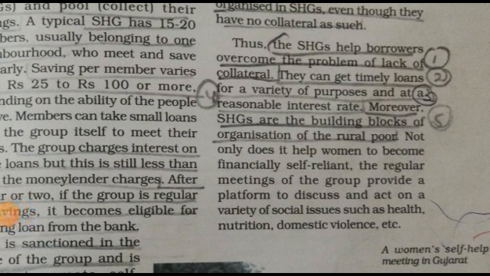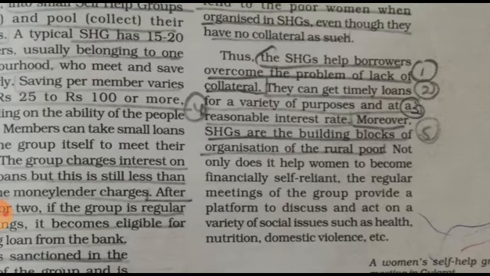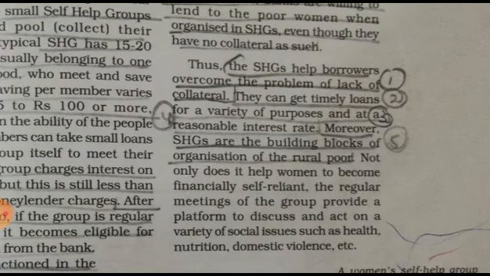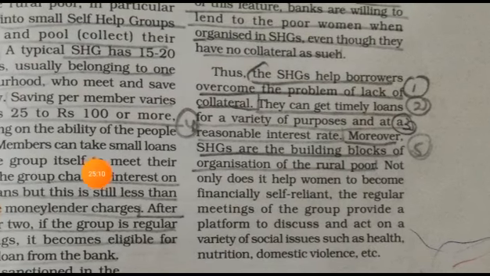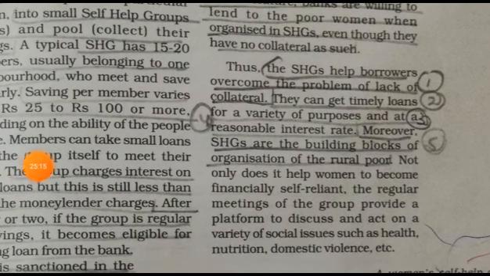But apart from this, the SHG works on different issues for the development of the group members and for society. They arrange health workshops, nutrition workshops, and discuss domestic violence, rules, laws, all this.